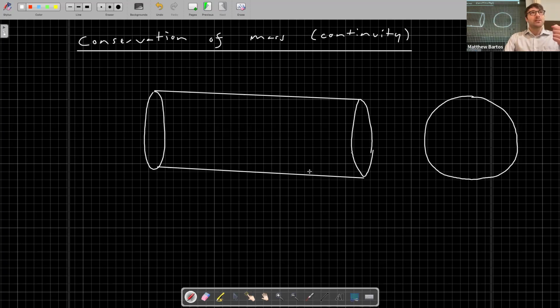Thinking about just how to express this mathematically, though, so we have some mass flow rate coming into this control volume, some mass flow rate coming out. Is it necessarily always the case that the mass flow rate in will equal the mass flow rate out? What's a more general way we can express conservation of mass?